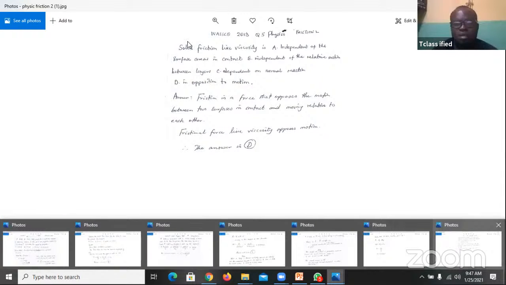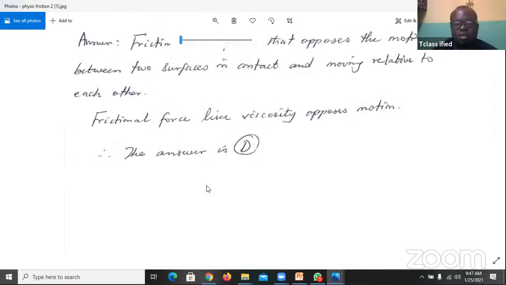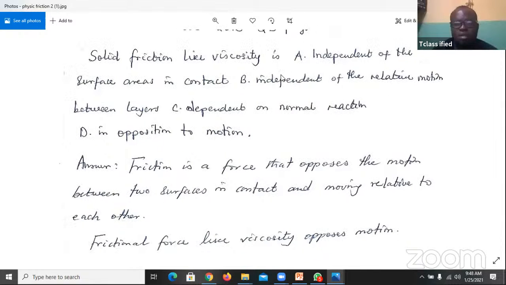Okay, so this is a WAEC 2013 physics past question. Solid friction, just like viscosity, what's the effect? It's independent of the surface areas in contact.